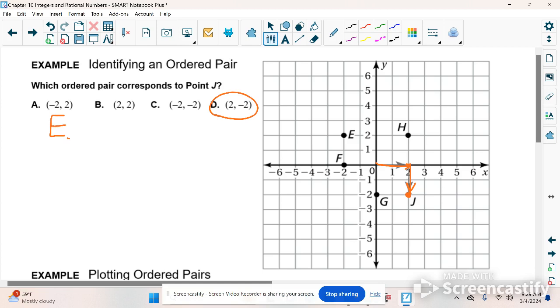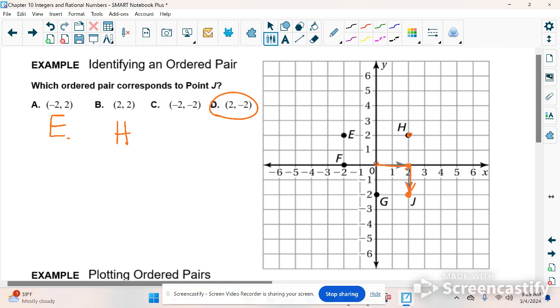What if I want to go positive 2, positive 2? I start at 0 and I go positive 2, up positive 2, and I get H. Then how do I get to negative 2, negative 2?